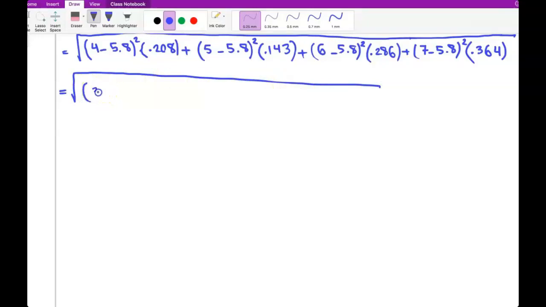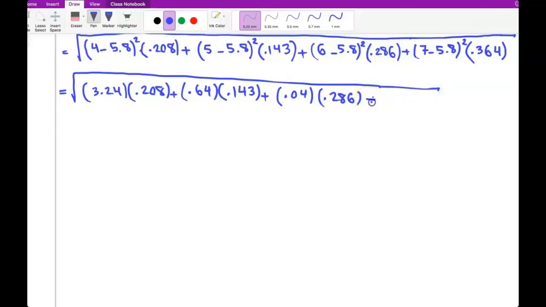Okay, so this is equal to, so we have 3.24 times 0.208 plus 0.64 times 0.143 plus, and here is times 0.364.